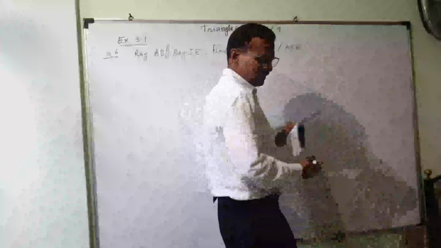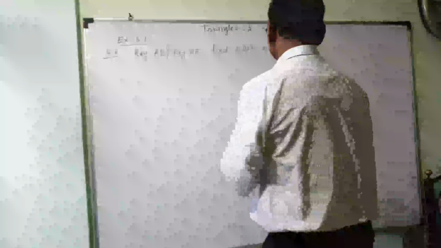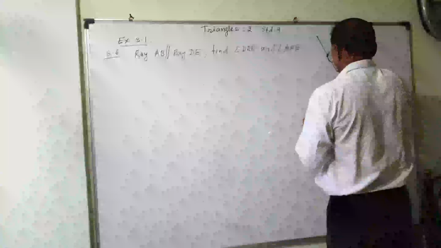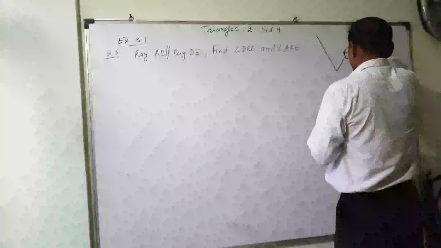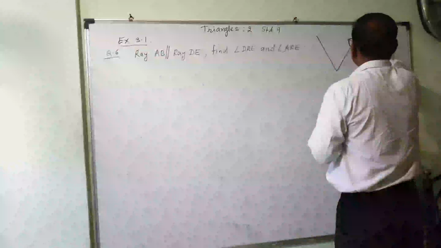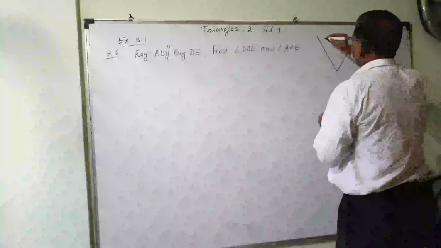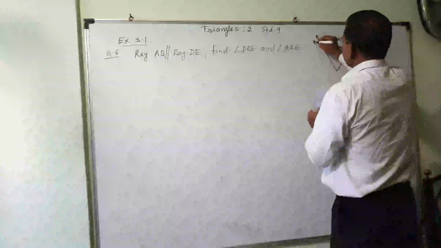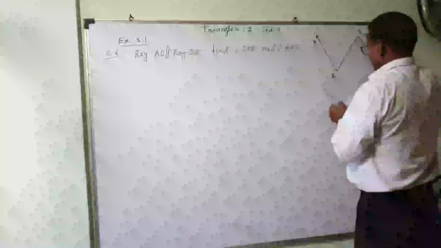And the figure given is, I will take another pen. The figure is like this. This is that figure. Here it is B, here it is A point, here it is D point.